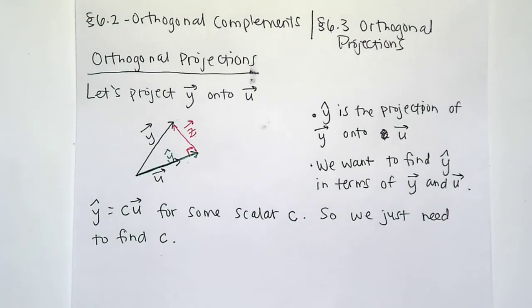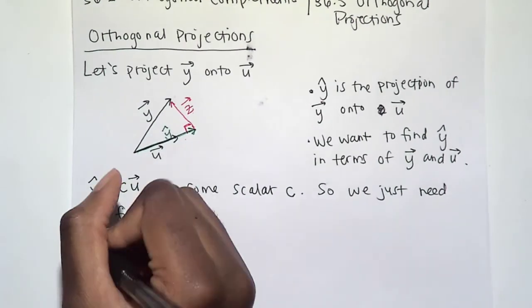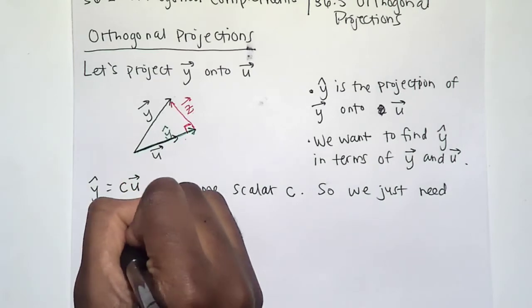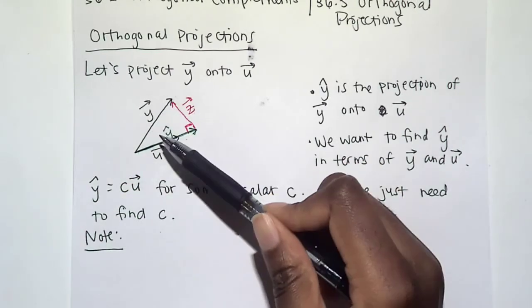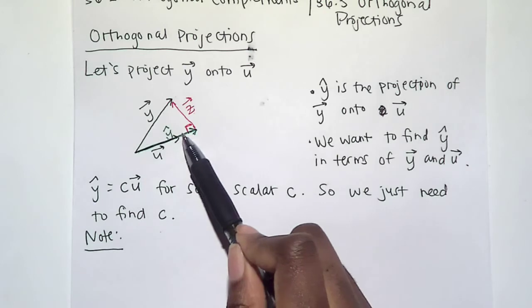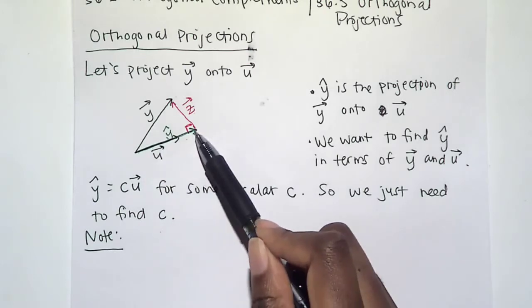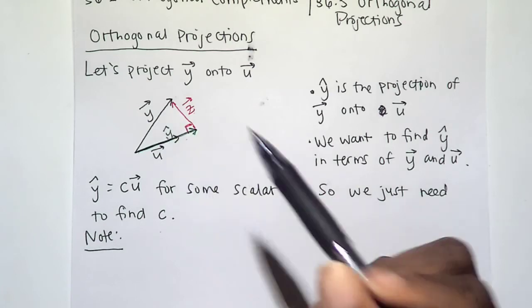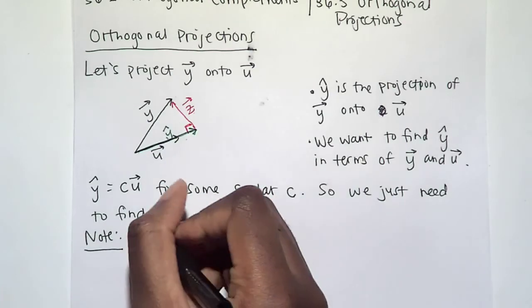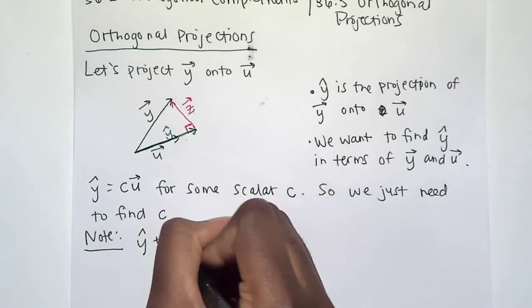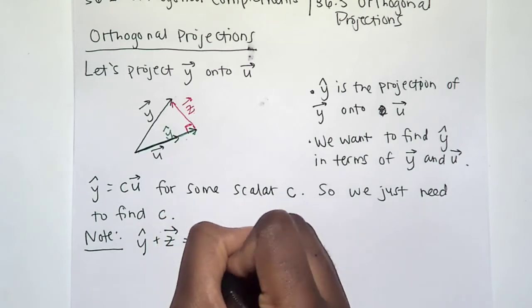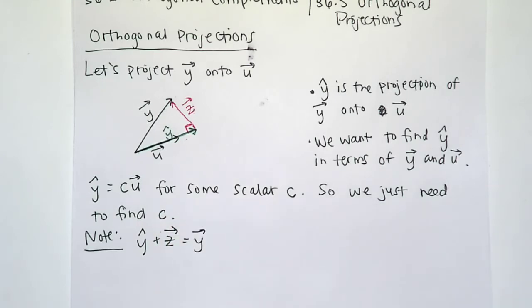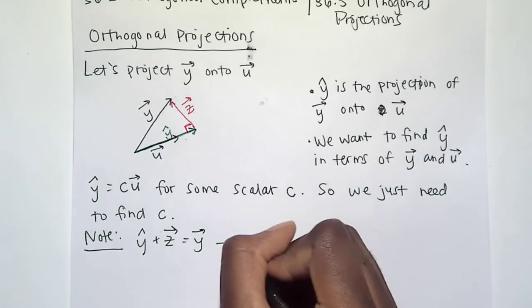All right, so how does z fit in with everything else? Here's a little note. If you take y hat, our projection, and add z, we get to our vector y. So y hat plus z is the vector y. So that means I can solve for z.